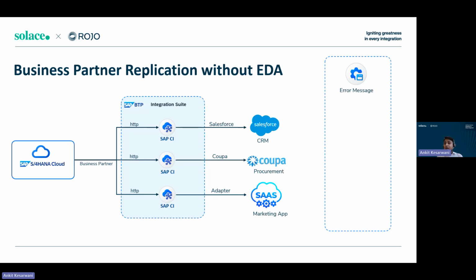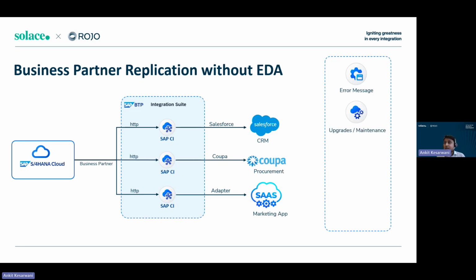In the CI case, we will have to ask the source system, in this case S4HANA Cloud, to re-trigger the message. And if we think of, let's say, bulk replication, you can imagine the kind of load we will have to put on S4HANA Cloud to reprocess these kinds of messages, right?